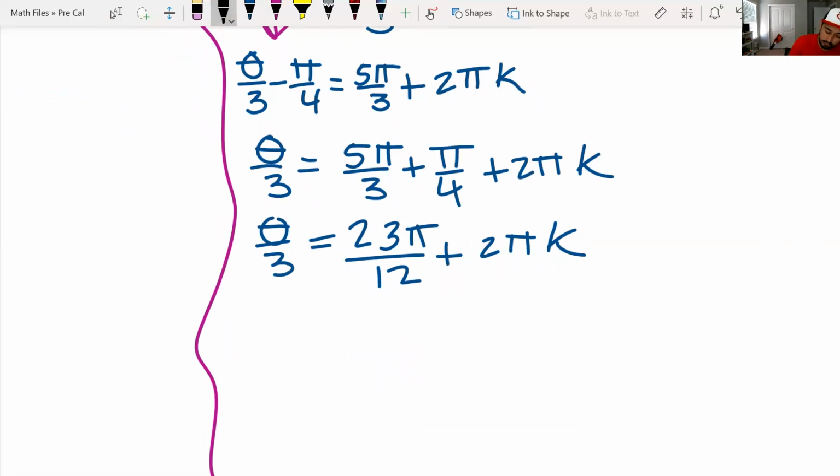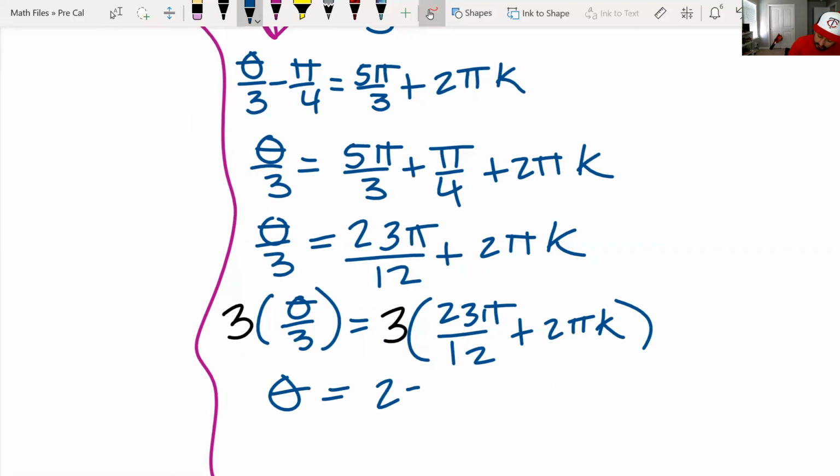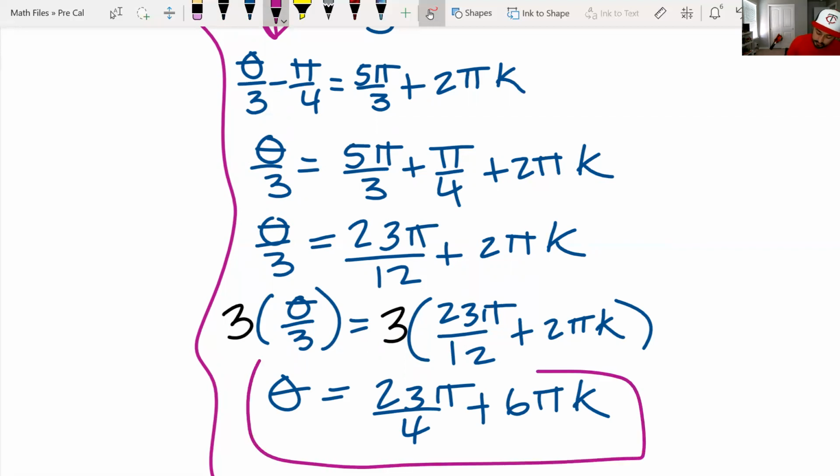Then multiply both sides by 3, 23 pi over 12 plus 2 pi k. And we get theta equals 23 pi over 4 plus 6 pi k.